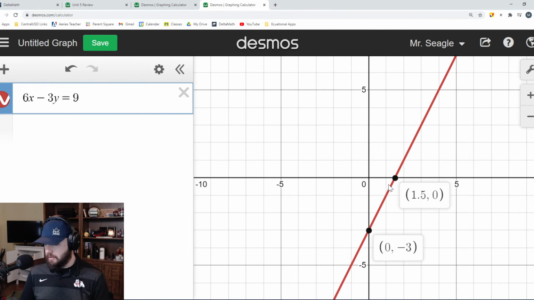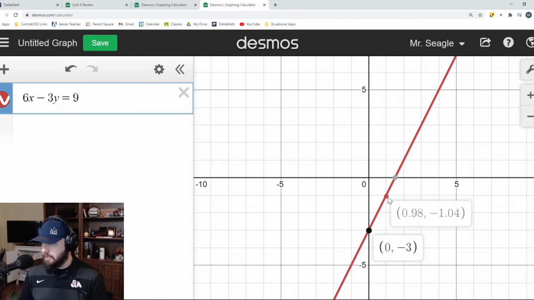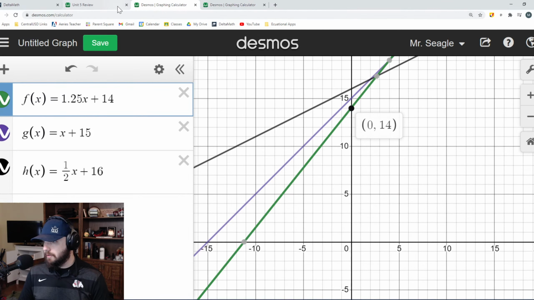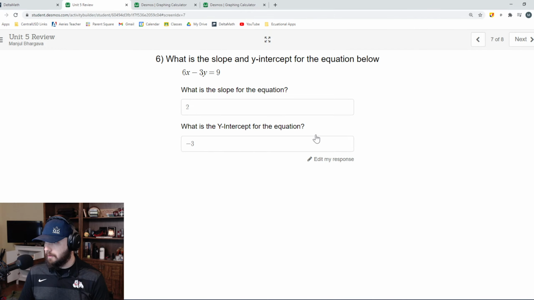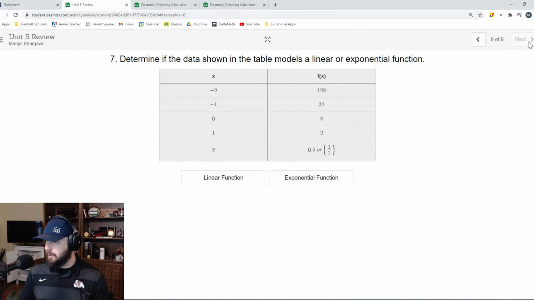So my y-intercept is negative 3. There's my y-intercept right there, where we cross the y-axis. And for my slope, I'm going up 1, 2, and to the right 1, which is right there. So that's another way you could have done it, which would have been 2 and negative 3. All right, and the last one.